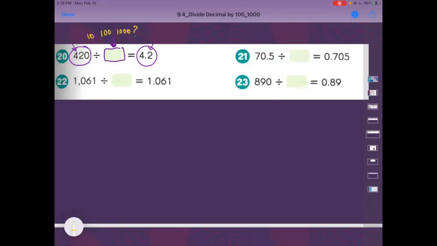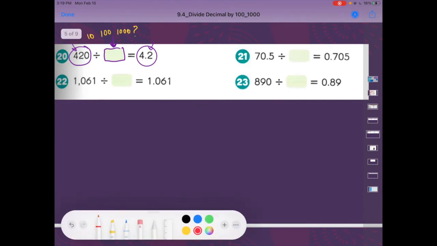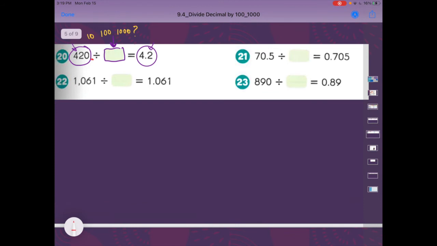Okay, so you probably noticed that the decimal point is after the 0, and in our quotient, it has moved between the 4 and the 2. So that has moved it 1, 2 places to the left.